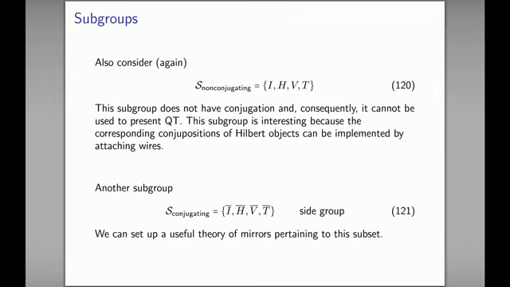So you can have mirrors corresponding to H and V, and also mirrors corresponding to I and H bar and T bar, so H bar and V bar. And also mirrors corresponding to these elements. You'll see that later.